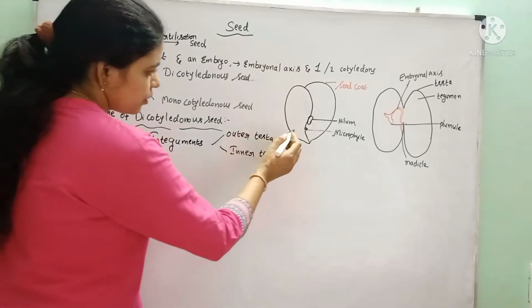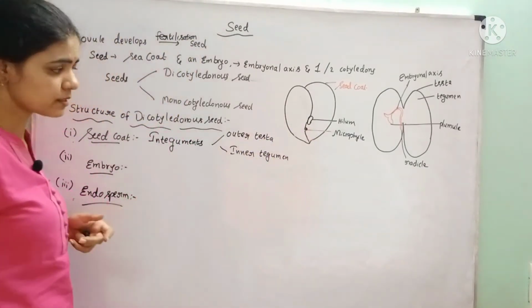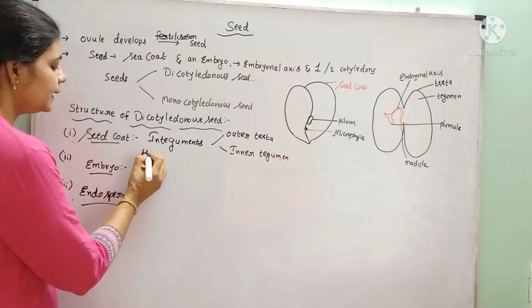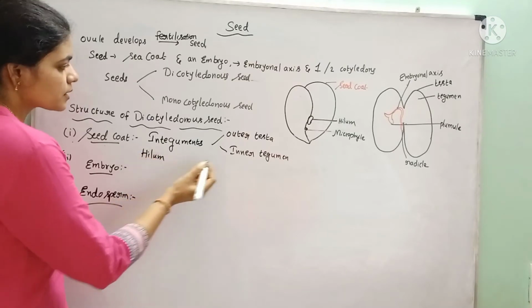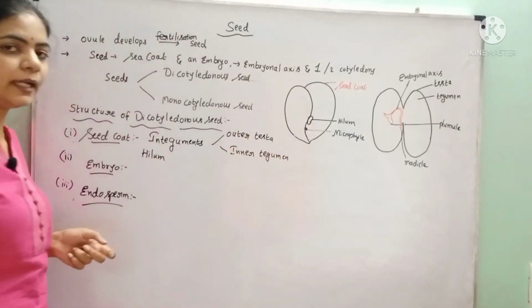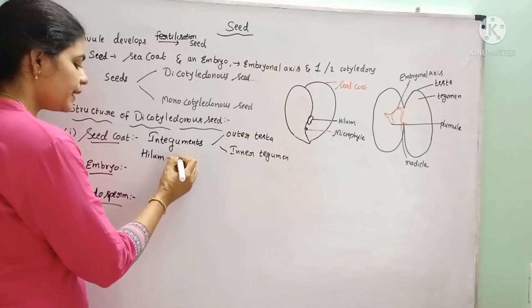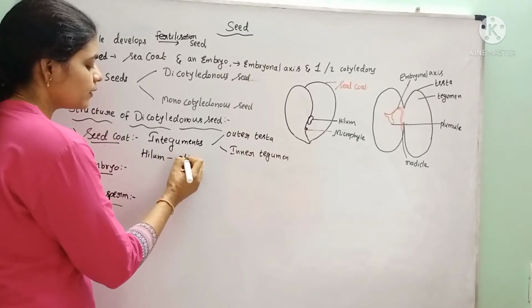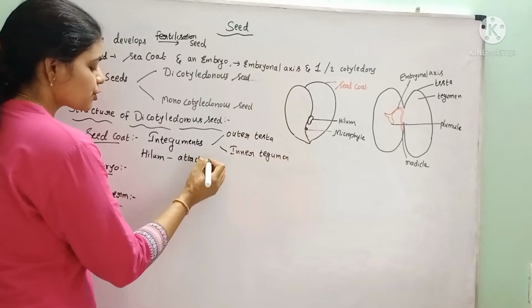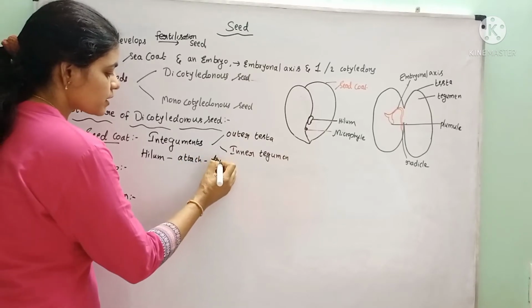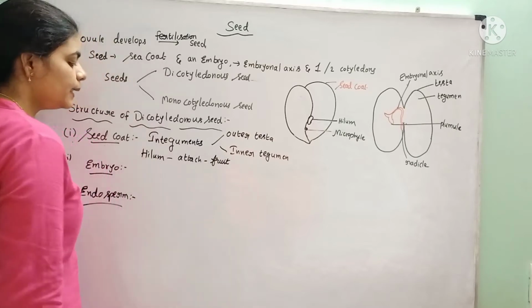And on the seed coat, a scar-like structure is seen, which is called the hilum. By means of this hilum only, the developing seed attaches to the fruit.